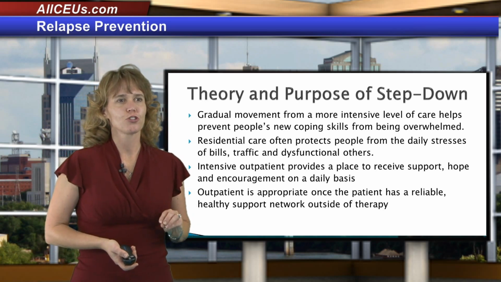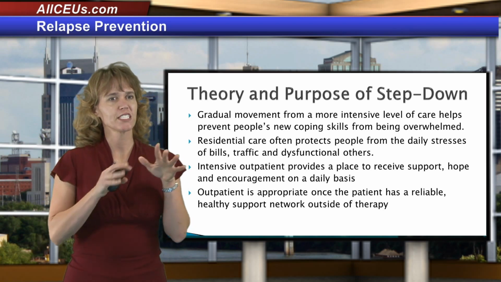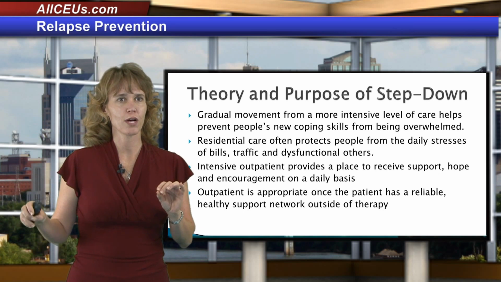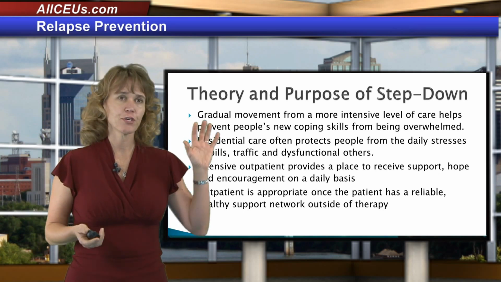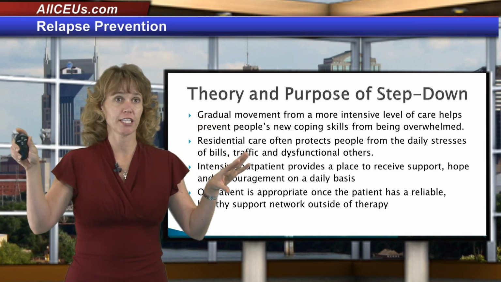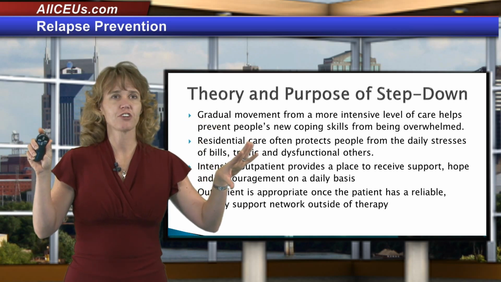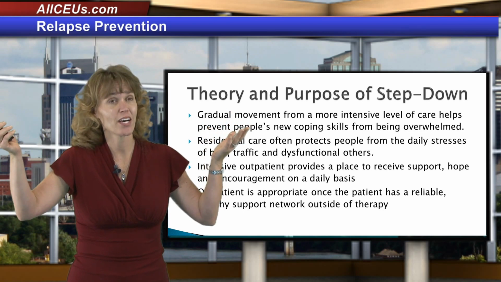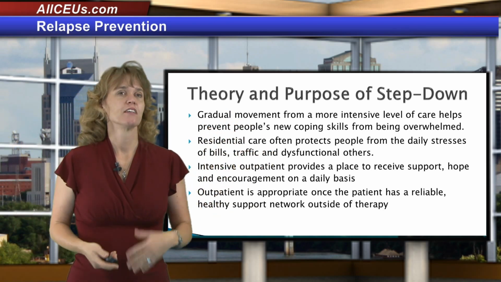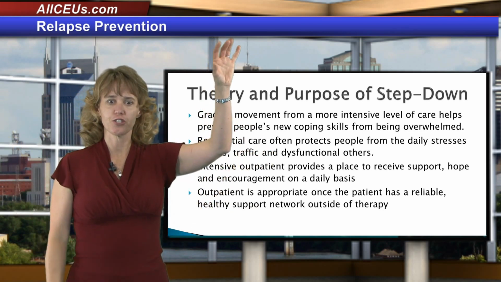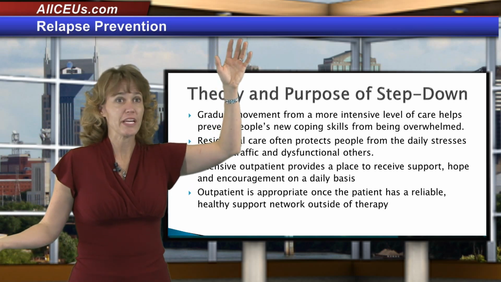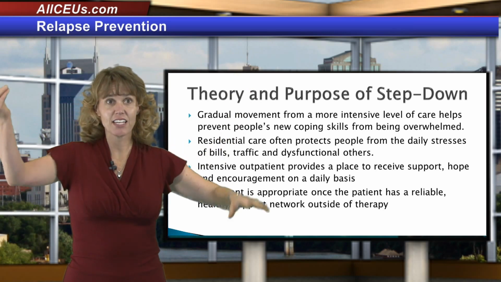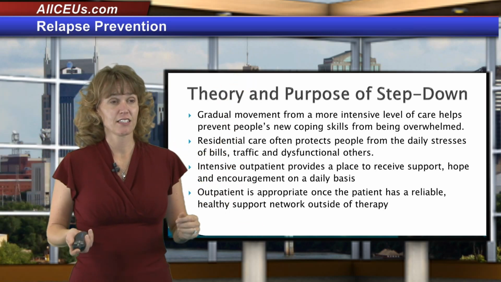Step down is crucial. Gradual movement from a more intensive level of care helps prevent people's new coping skills from being overwhelmed. Think of when you went from high school to college. Rigorous structure, curfews, to free-for-all. That's why a lot of freshmen flunk out. Residential treatment to meetings. Meetings are good, but it's kind of the same comparison.